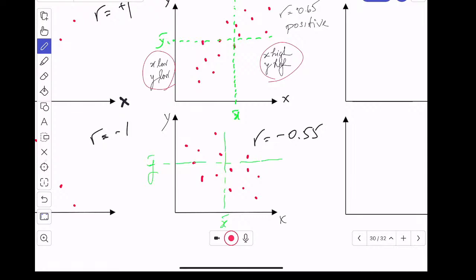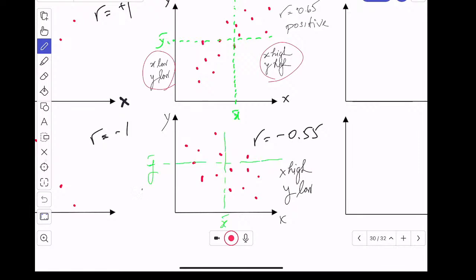And now, when x is high, where is y? So when x is high, are we on the top or the bottom for y? Y is low.